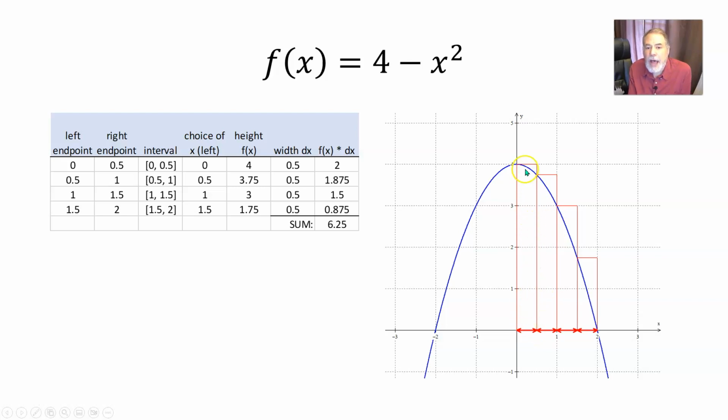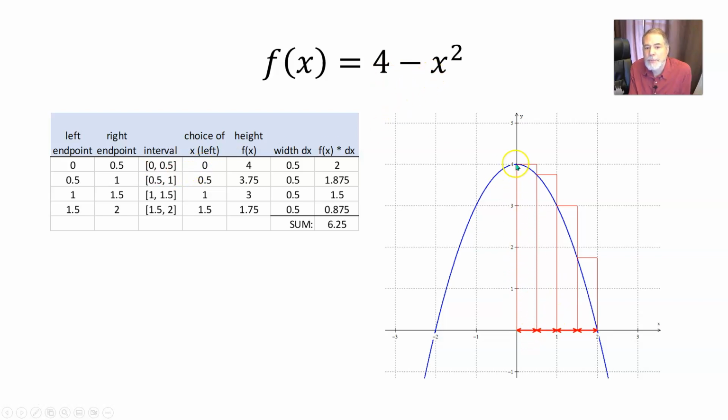And for the height of that rectangle, we're going to calculate that by taking the left endpoint of each one of those subintervals and plugging it in for x to get the y-coordinate at that left endpoint. So for the first interval, the left endpoint is 0, and if I plug 0 in for x, I get 4.